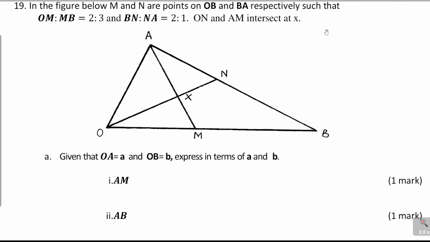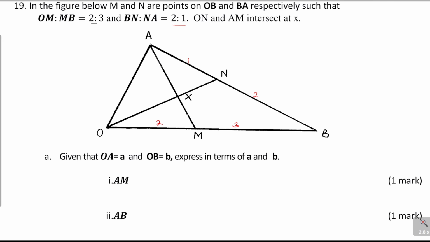So we start with the first one, AM. I'll begin by looking at the statement again here. This ratio OM:MB is 2:3, and BN:NA, the ratio is 2:1.